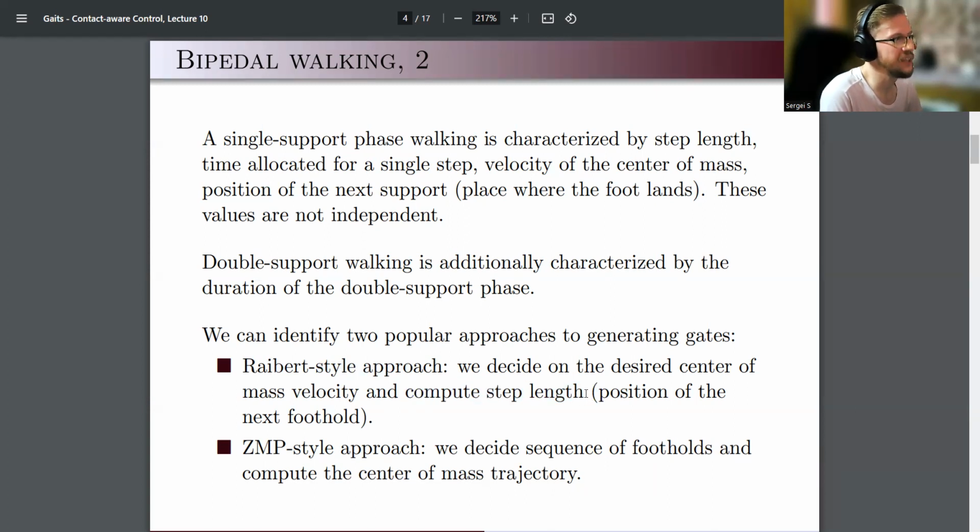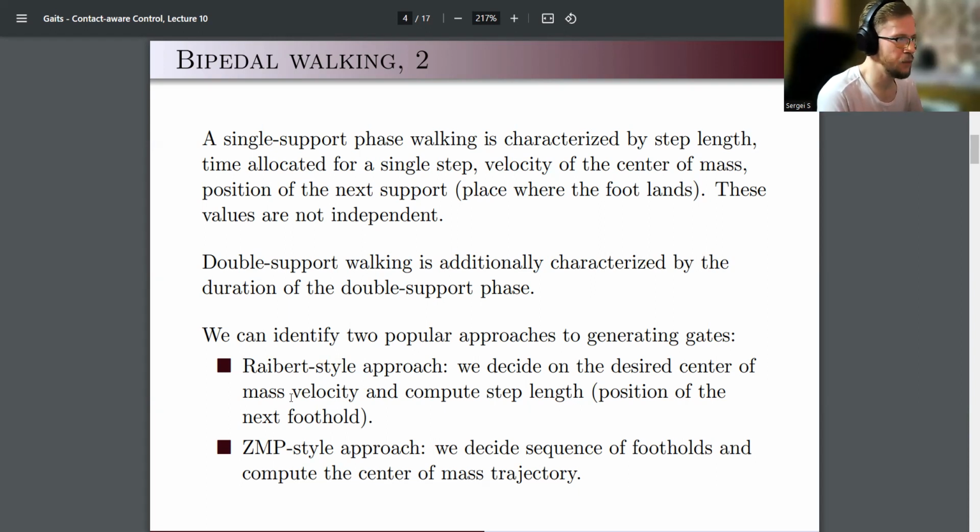This approach allows us to be dynamic. We could, using this approach, take advantage of dynamical properties of the robot. We can easily do running or increase our speed significantly and so on.